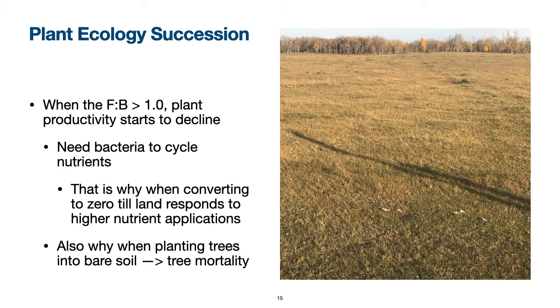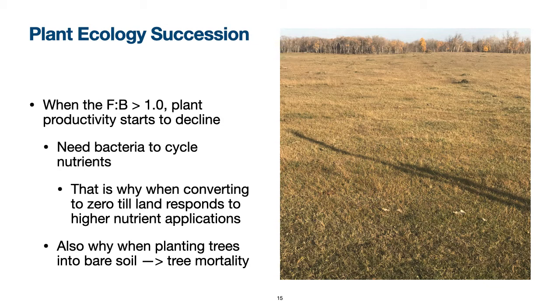This also means that when we are planting trees, remember that a tree wants to be above 2 to 1 fungal to bacteria ratio. So when we have nice black soil with no weeds, because we've worked it intensively, we're going to be about a 0.3. When we do that, we're going to see a lot of mortality in our trees.